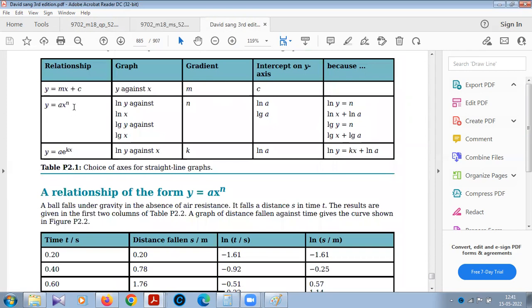You can have a relation like y equal to a x to the power n. In that case, how will you find the graph? You can take the log of both sides.